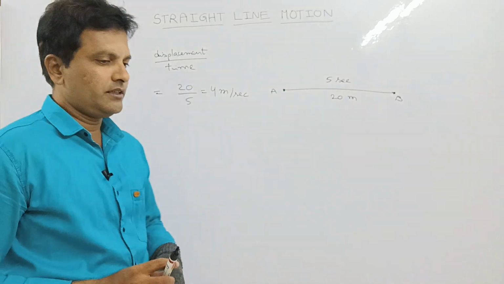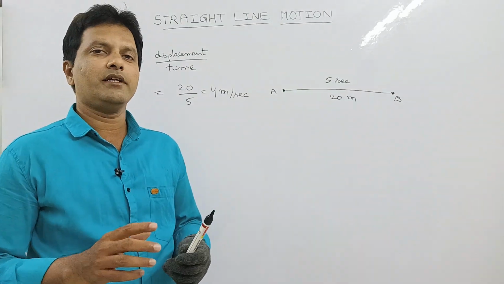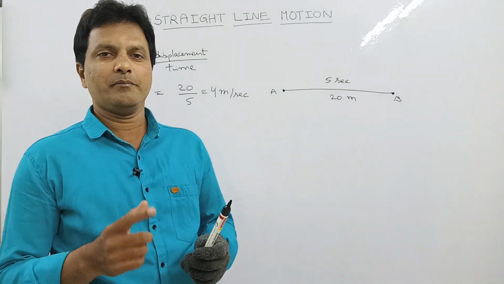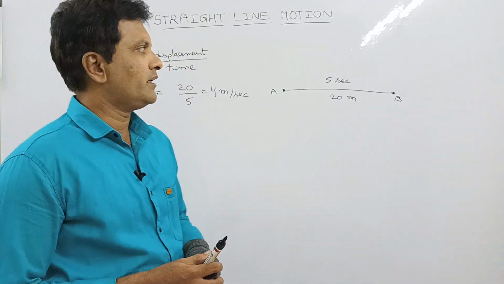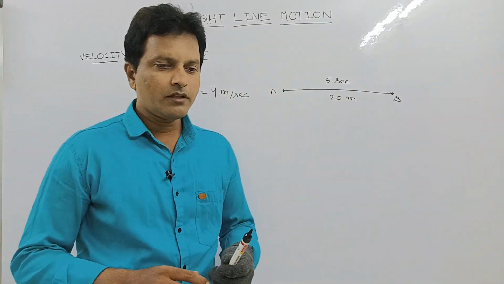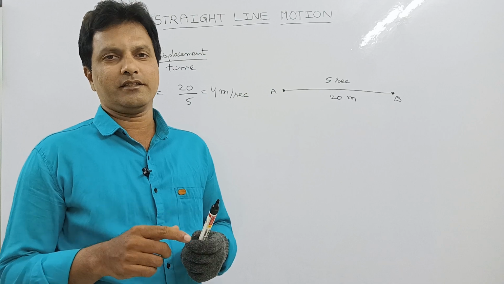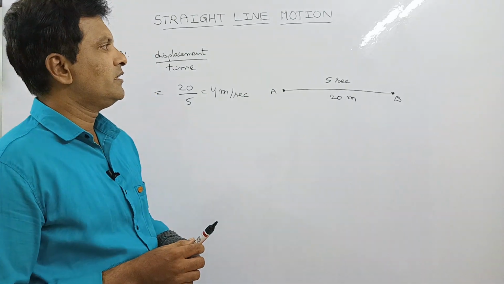So here what is the difference between speed and velocity? Speed we have learned in the previous lesson. Speed means the total distance traveled, that means the path length by time.